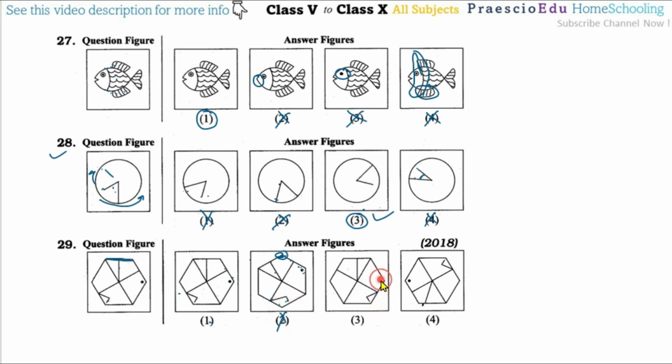Now this dot and this checkpoint are at the same horizontal line, so this is the main difference. And opposite these dots there is a checkpoint, so this is a difference. Only option number 1 is perfectly similar.